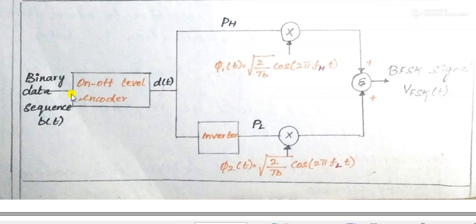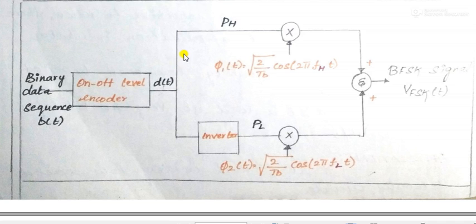For binary 1, the encoder output is plus root EB. For binary 0, the encoder output D of t is equal to minus root EB. Root EB is the transmitted signal energy per bit.